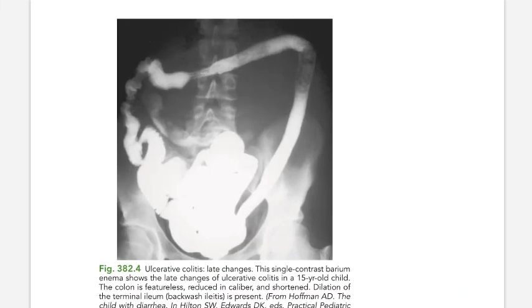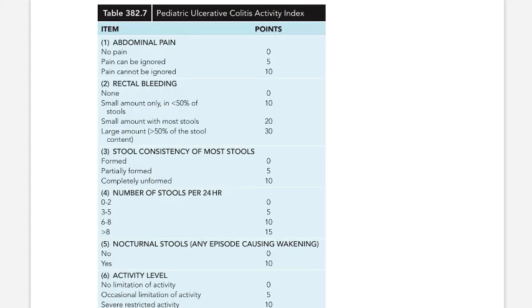Late changes in single contrast barium enema: the colon is featureless, reduced in caliber and shortened, with a dilated terminal ileum loop, backwash ileitis is seen. Basically, what we are able to see is the colon, featureless, reduced in caliber and shortened, and dilatation of the terminal ileum with backwash ileitis. This image of contrast enema is very important.